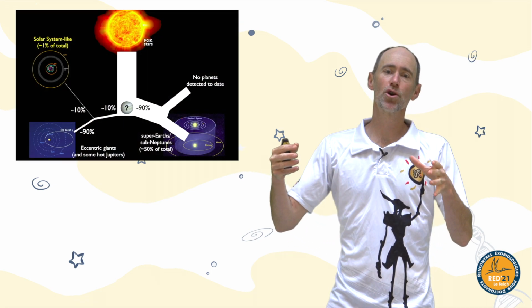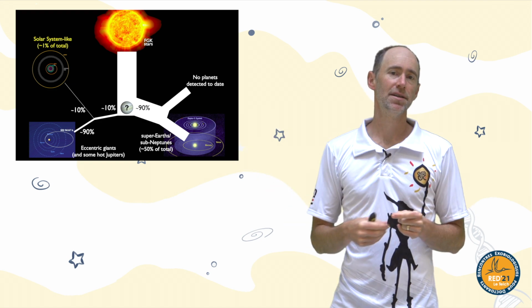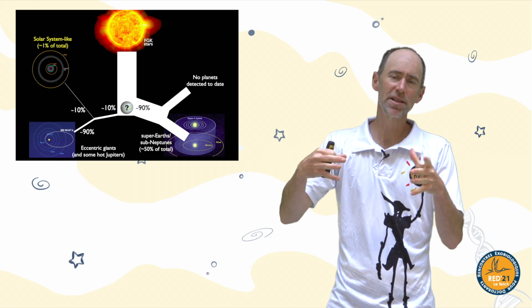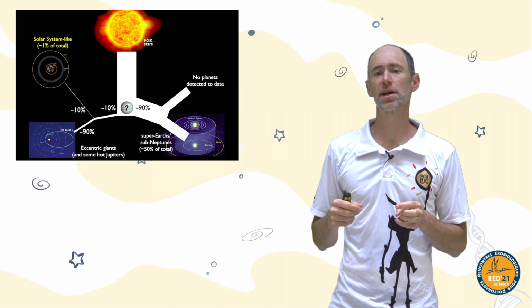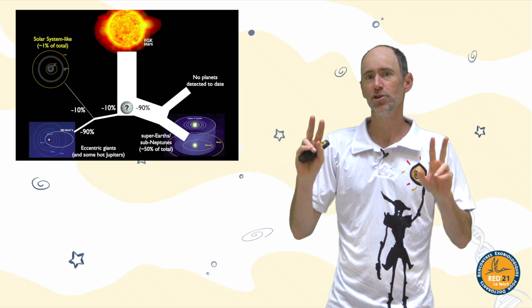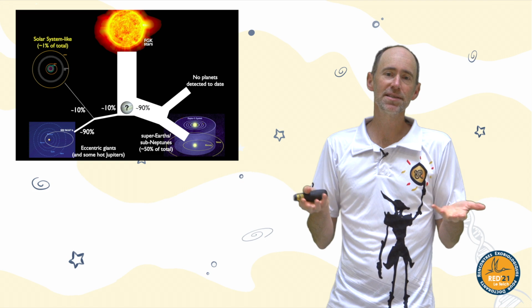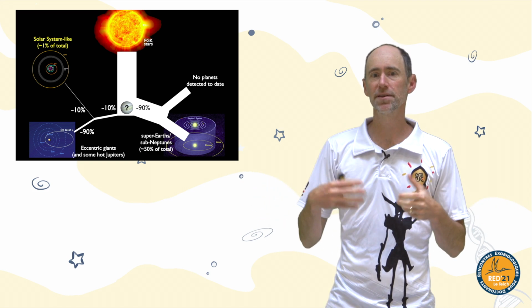Orbits that are either much closer to their stars or more often are much more stretched out. So they often have orbital radii that are similar to our own Jupiter, or maybe a little smaller, but their orbits are much more stretched out, much more elliptical, much more eccentric than our own Jupiter. Right? So that's the more common Jupiter. But our own Jupiter is about a 10%. It's not unique. Jupiter analogs exist, but there's not a ton of them.